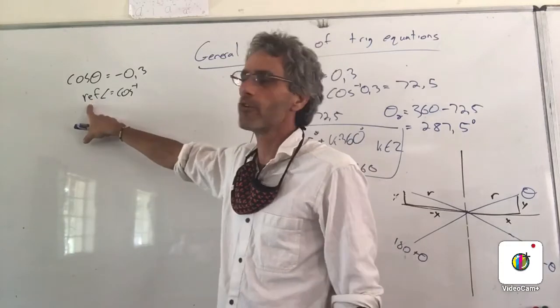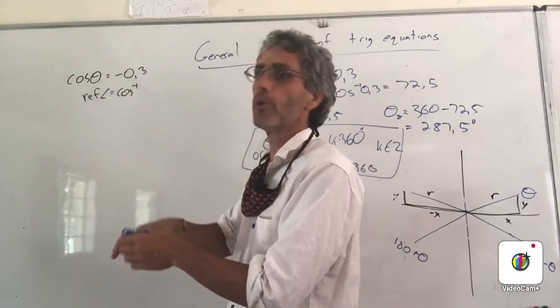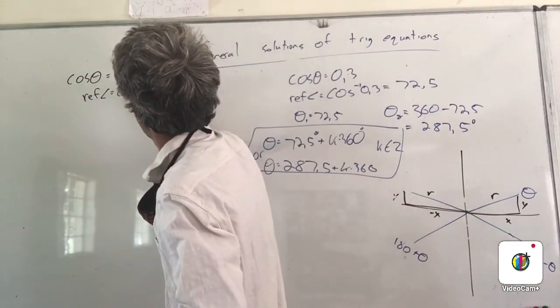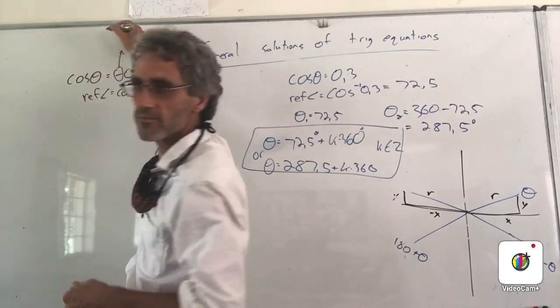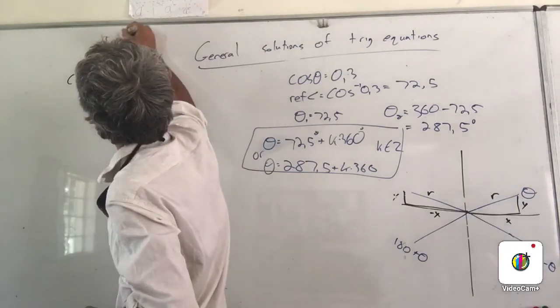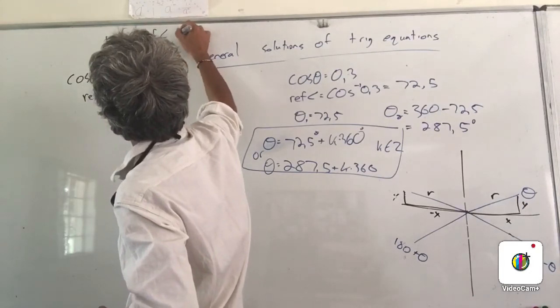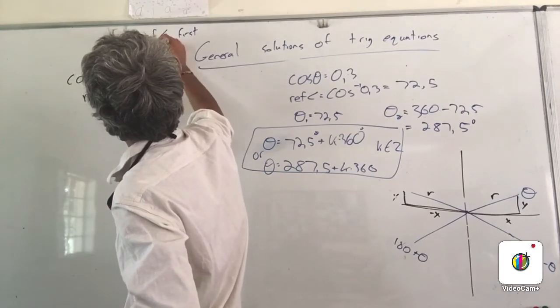That's why I'm first looking for the reference angle. So should I put negative 0,3? I should put positive 0,3. Okay? I must ignore the sign. I'll write it down for you and you can add it if you want. To find the reference angle, first ignore the sign.